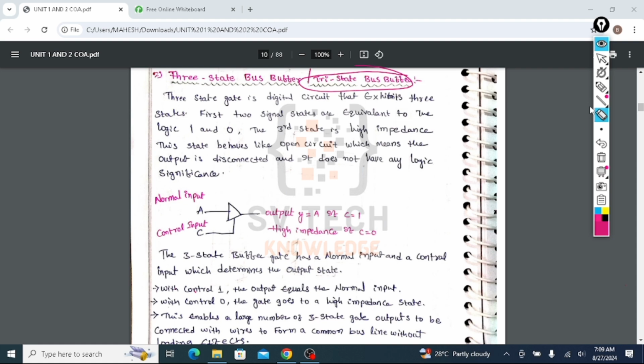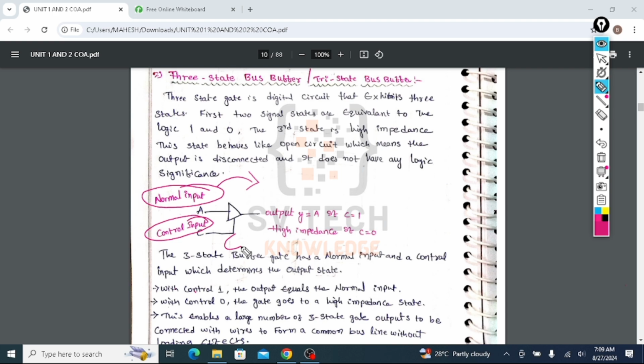In a tri-state buffer, we have 2 inputs and 1 output. One is a normal input which comes from our register, and the second is the control input which will be sent by the control unit.